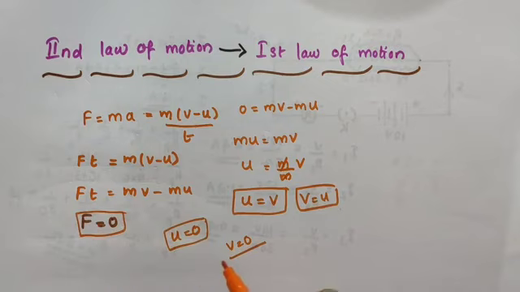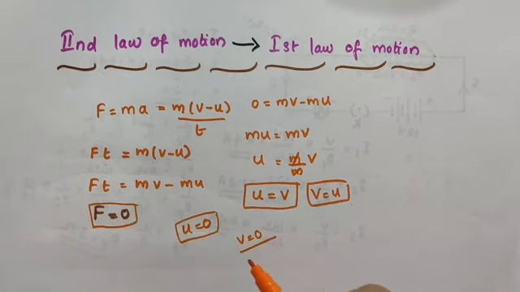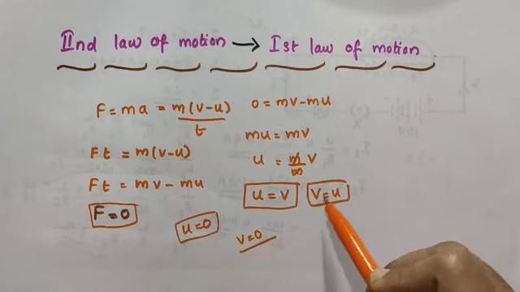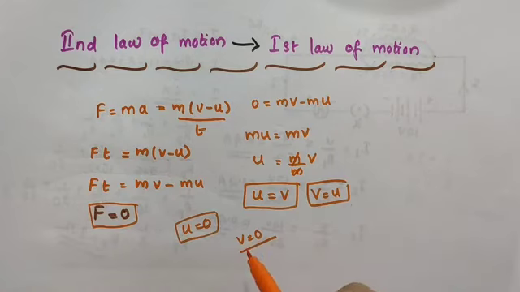So the final velocity of that object is also equal to 0, that is, the object remains in a state of rest. If u equal to 0 and F is also 0, then v will also be 0 since v equal to u. The object will remain at rest.